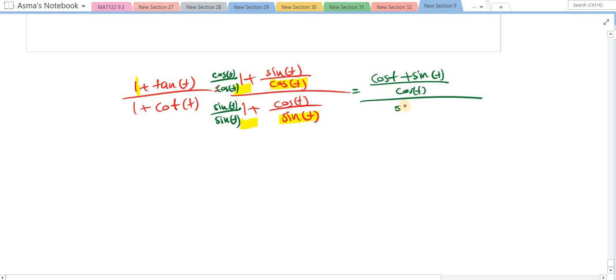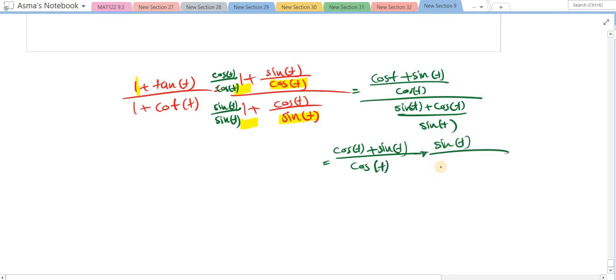Everything is over sine t plus cosine t, and the denominator is over sine t, which can be written as cosine t plus sine t over cosine t times sine t over sine t plus cosine t. So now I know these are equivalent, and the final answer will be sine t over cosine t, which is equivalent to tangent t.